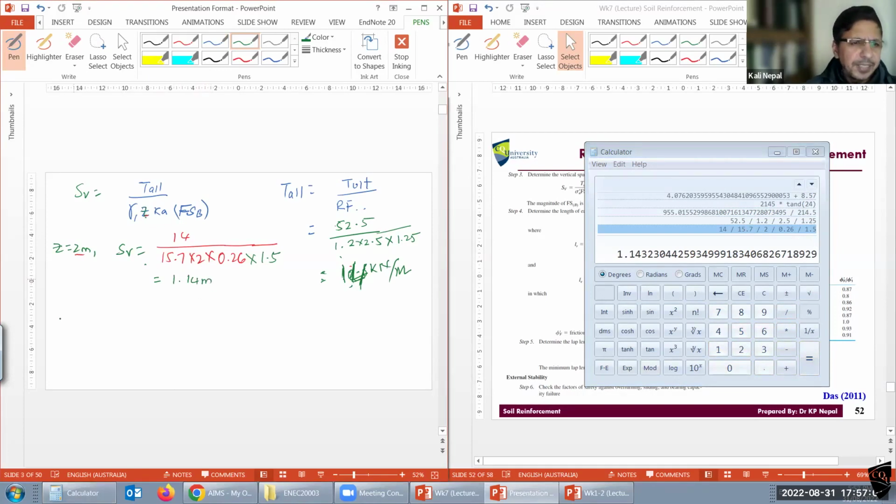That's quite huge, right? Let's do the calculation at the bottom of the 5 meter wall. SB equal to 14, the minimum based on the equation. 15.7 times 5, so 0.26 times 1.5. Can you give me the calculation for this?